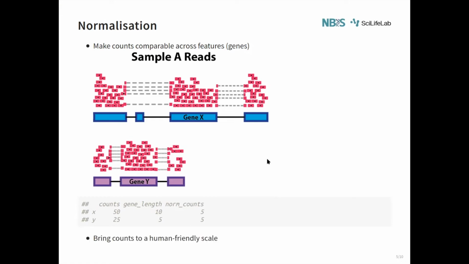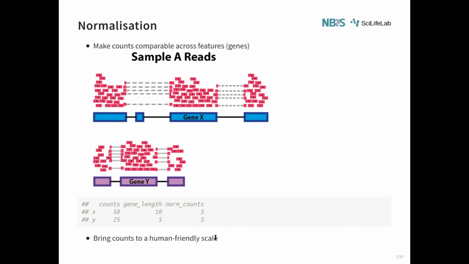The last point that normalization tries to do is to bring it to a human-friendly scale. This is why we have counts per million. The per million part, or in RPKM, just makes it easy for us humans to look at these numbers and make sense of them. Otherwise, they're going to be like 0.000000032 or something, which is a bit difficult.